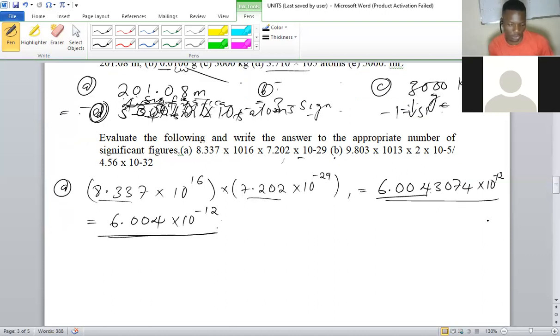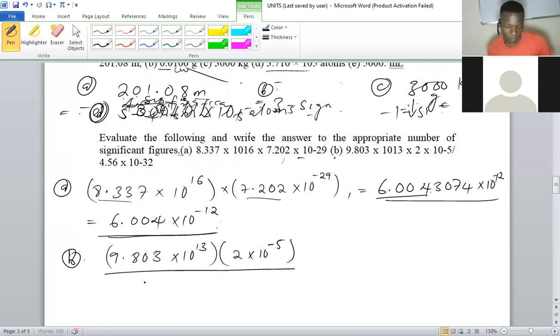So we get to B. B is we have 9.803 times 10 to the power 13, and this we are multiplying by 2 times 10 to the power negative 5 and dividing by 4.56 times 10 to the power negative 32.